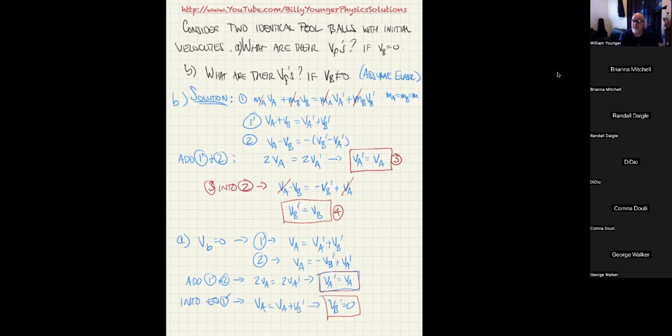So that's some of the stuff you can do, for instance, with these equations. You can also solve it when the masses are not the same. That gets a little more complicated, but it's definitely doable. So let's look at another example.